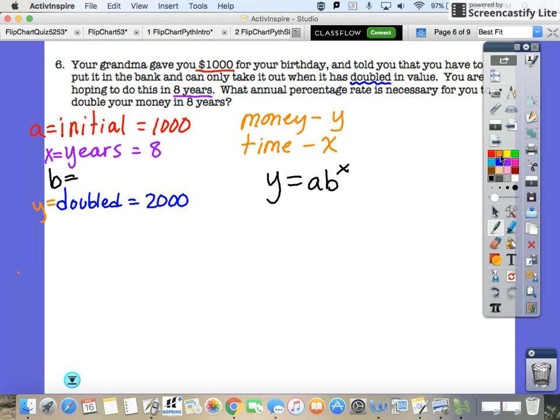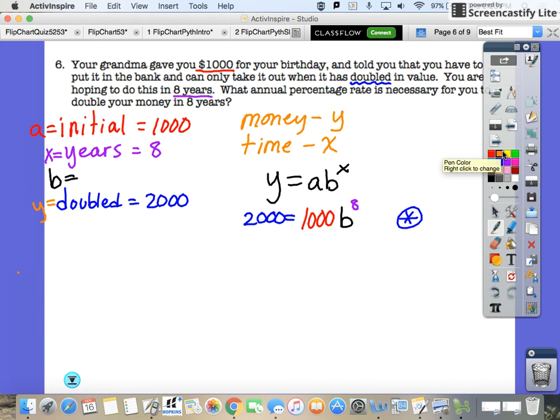Well, we know our initial value is 1,000. We don't know b, but we do know that we want it finished or doubled in 8 years. Now the last piece, and this is the hardest typically for students, is we need to put 2,000 here because that's our goal. That's how much we want. So this is the equation that we need to solve.